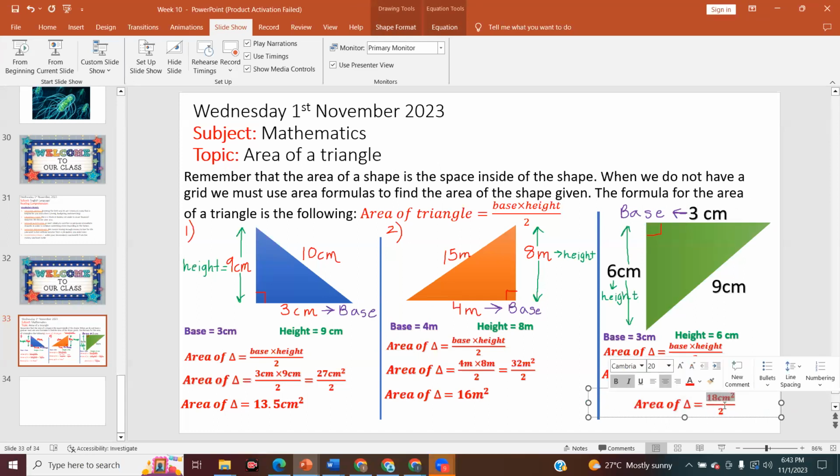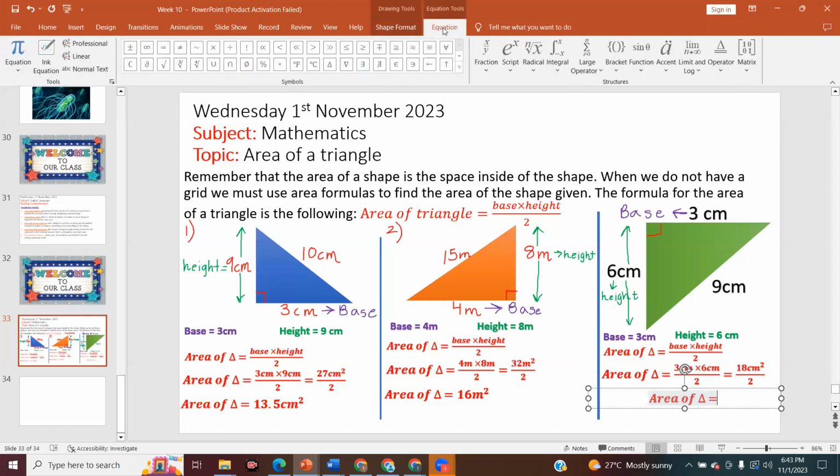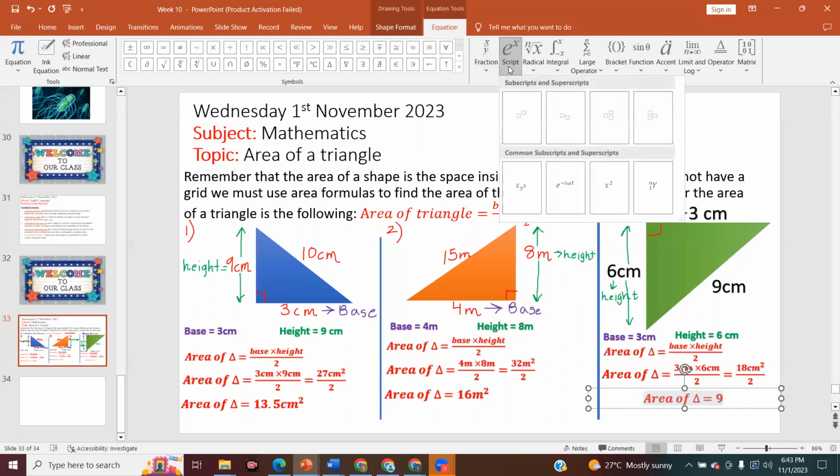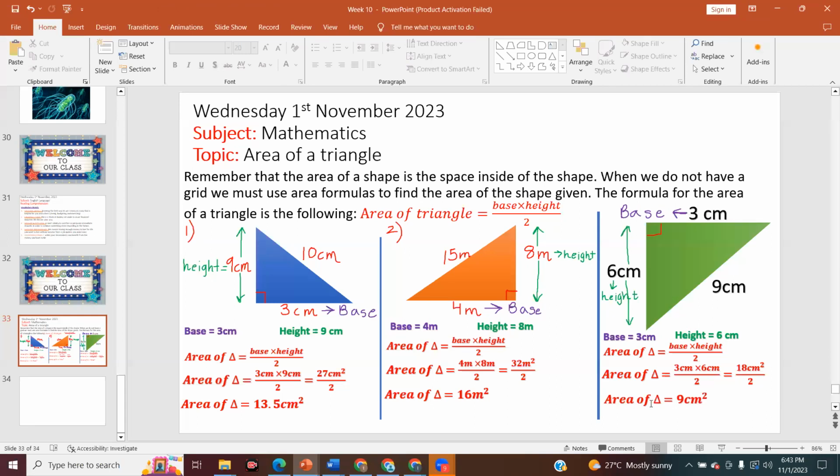9 centimeters squared. All right, and how many persons got that already?